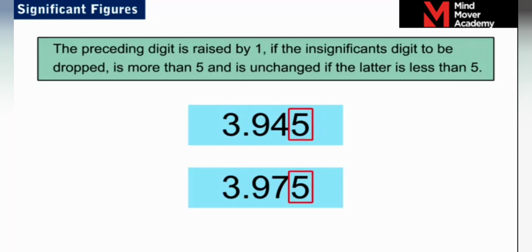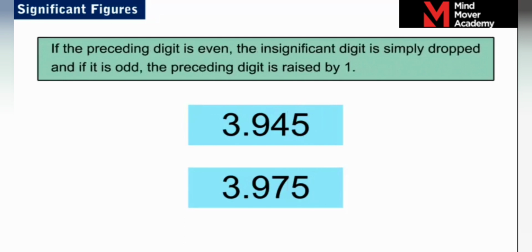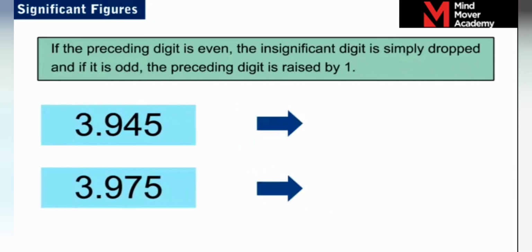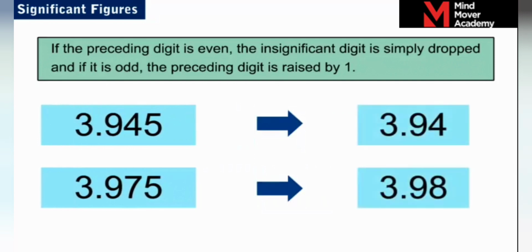To do this, we have another convention which states that if the preceding digit is even, the insignificant digit is simply dropped. And if it is odd, the preceding digit is raised by 1. Thus the answers are 3.94 and 3.98 for the rounded off numbers as shown.